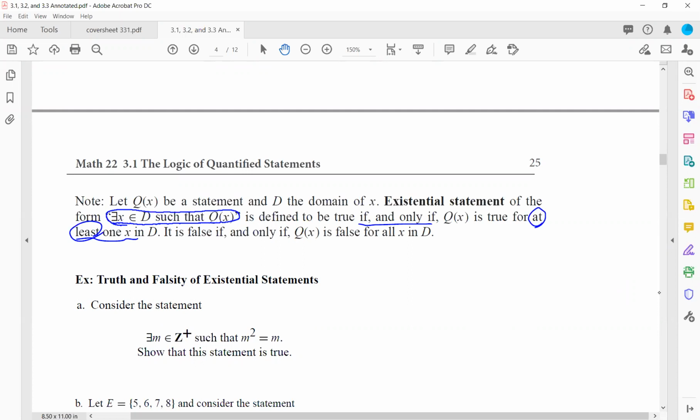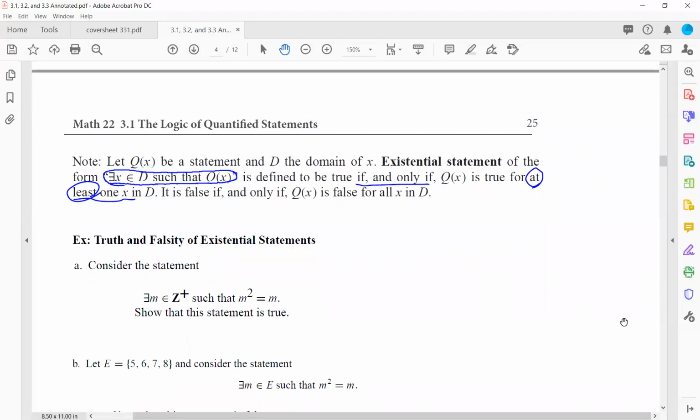Remember that for a universal statement to be true, it must be true for all elements in the domain. An existential statement just says, find one element for me. That's enough for me. Then it'll be true.